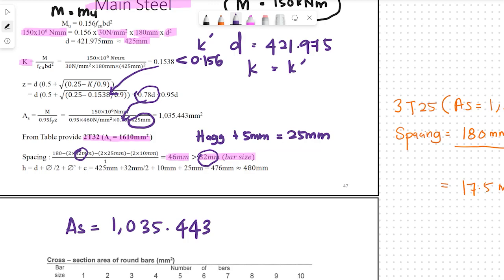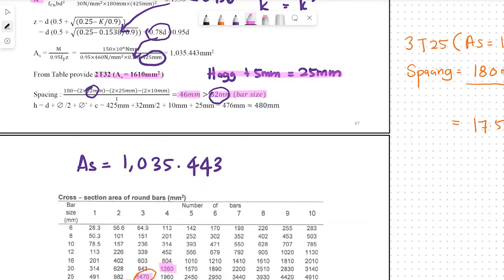So normally lah kita akan just compare dengan this HAGG plus 5mm ni untuk bar size yang sampai 25mm lah. Okay, sebab after 25 it is 32. So 32 kita akan start refer dengan the bar size itself. So the value must be bigger than the bar size. Therefore, you dapatlah this 32mm.